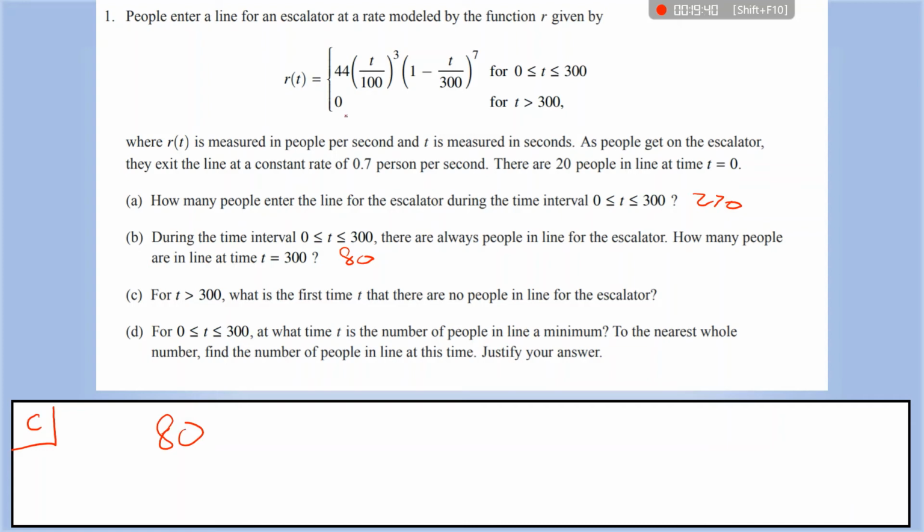No one is entering the line anymore, which means the only thing that's changing the number of people in line is the rate at which they are exiting the line. So if I'm exiting at 0.7 people per second, how can I figure out how many seconds it will take to get rid of 80 people?